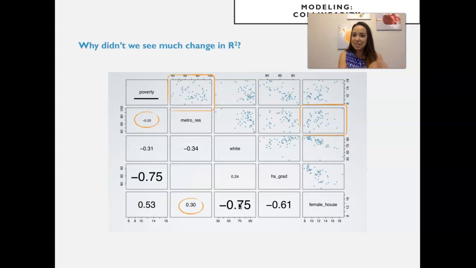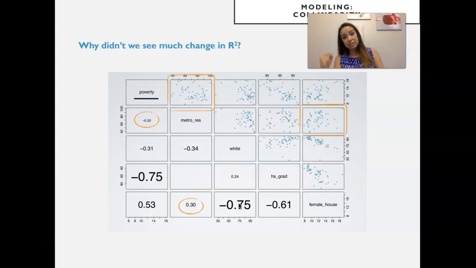So it kind of makes sense that after I fix the amount of white people in a state, I continue to see an impact on poverty by varying the percent of females that are heads of households, that are alone, working and getting money to bring to that family.